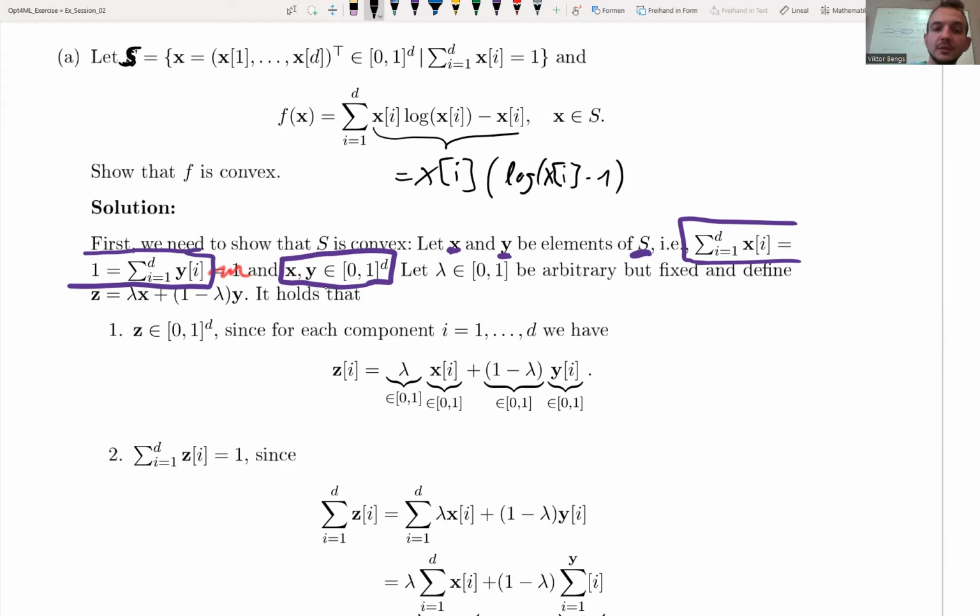The xi, by definition of S, because x is an element of S. The yi is also between 0 and 1, as the y vector comes from S. So you add these things up. It's quite obvious that you can bound it from below by 0, everything is greater than 0, but at the same time, everything is bounded from above by 1. So you definitely have something between 0 and 1.